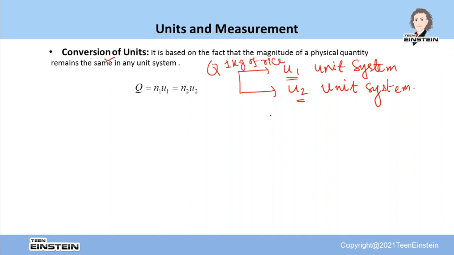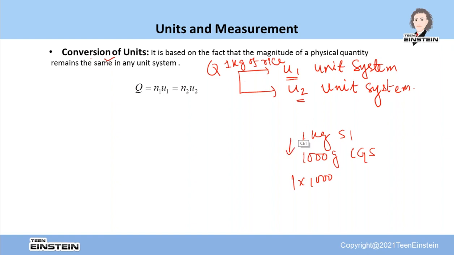That's the difference. Otherwise, nothing. So look, we will not take a specific unit system. We'll take it in general. So I'm taking U1 as one unit system, U2 as another unit system. Obviously, when I say 1 kg rice in SI, this is 1000 gram in CGS, right? So you can see 1 into 1000, then you get the other unit.